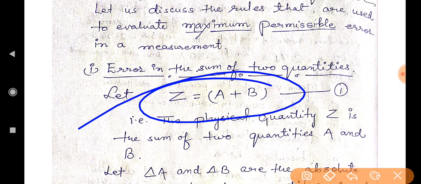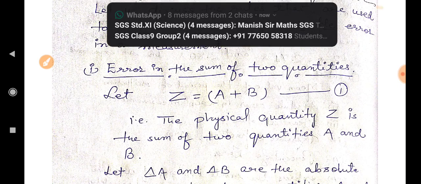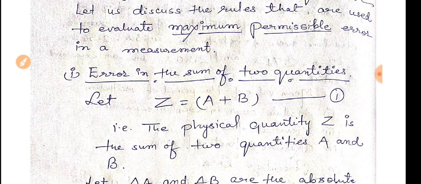You are measuring a and b, and when you take the sum of a and b, some errors in the measurement of a and b will occur, and hence the value of z will possess an error.